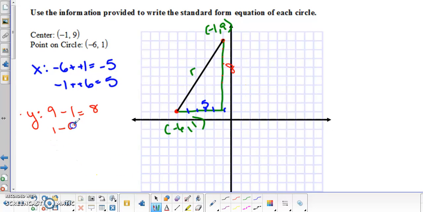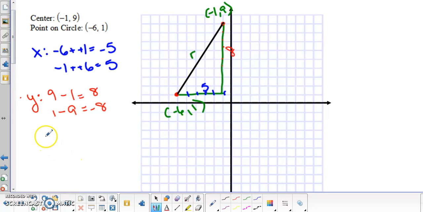And just like I said, I could do 1 minus 9, and that gets me -8. It does not matter because I'm squaring it. So then I'm going to do 5 squared plus 8 squared equals r squared. So now I have 25 plus 64, which gets me 89.